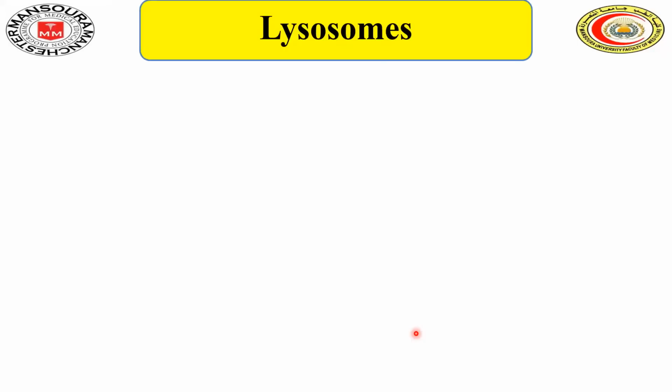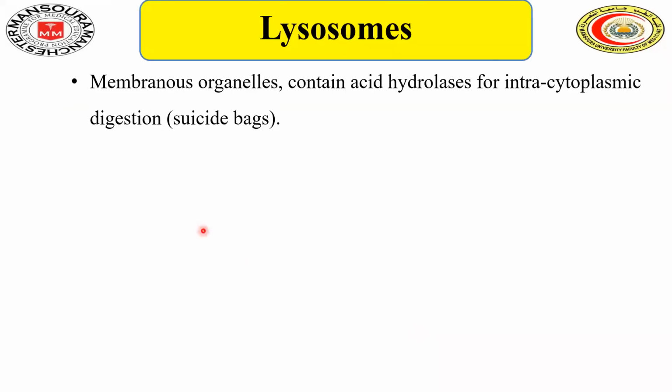Next organelle in the membranous group is the lysosomes. Lysosomes are membranous organelles, characterized by having a group of enzymes called acid hydrolases. These hydrolases are hydrolytic enzymes. They destroy components inside the cell into the simplest form.